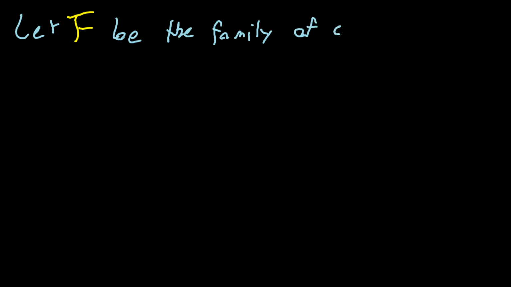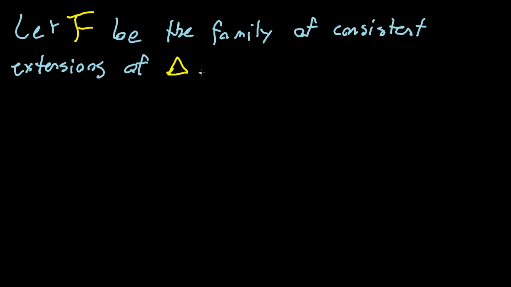Okay, so with that prelude out of the way, let's dive into the proof. I probably won't need to refer to this name, but we'll let F be the family of consistent extensions of delta. And if you recall from Zorn's lemma last time, Zorn's lemma lets us conclude the existence of a maximal element of a family, provided that we've demonstrated some condition.